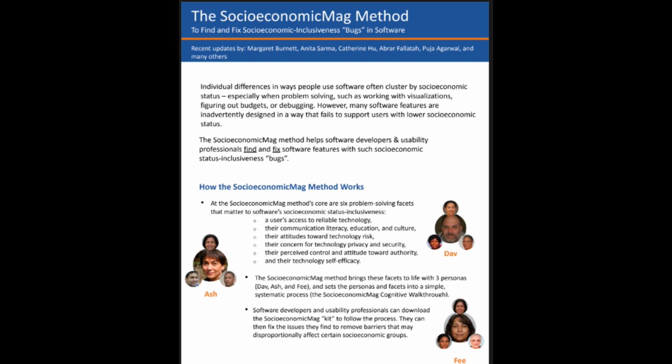And so Dave provides the strongest magnifying glass toward our ability to find SES inclusivity problems. We'll find them with any of the personas, and there'll be different problems, but we'll find most of them with Dave, because Dave's the one who most often gets overlooked.